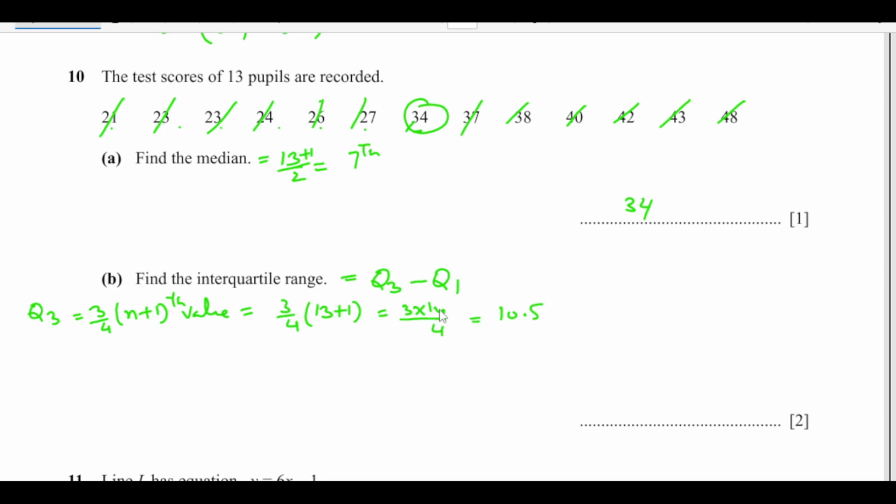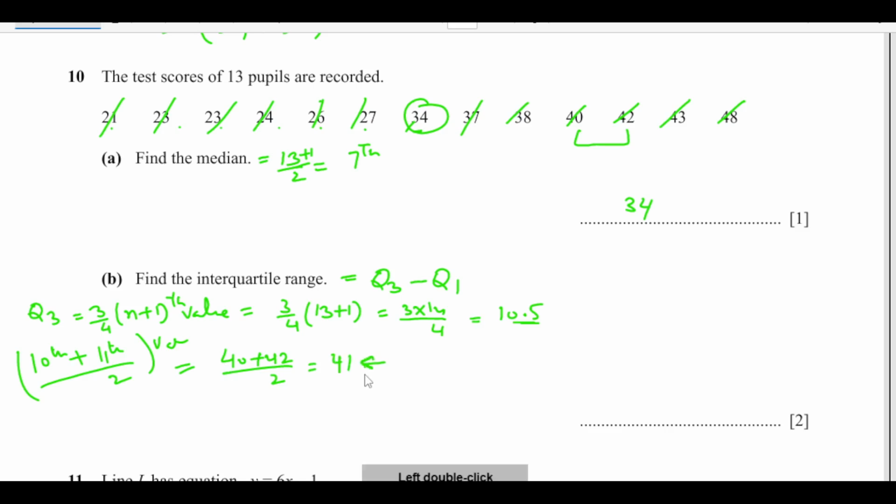So we need the 10th and 11th values, and we take the mean of the 10th and 11th value. The 10th value is 1, 2, 3, 4, 5, 6, 7, 8, 9, 10. The 10th value and 11th value are 40 plus 42 over 2, which is 41, right? So this is the value of Q3.